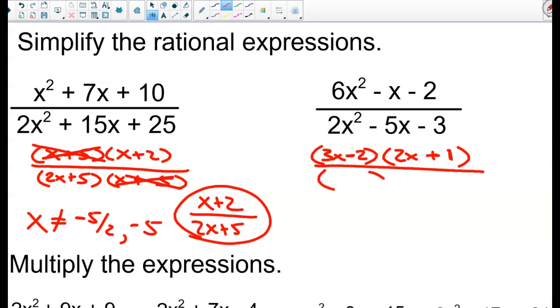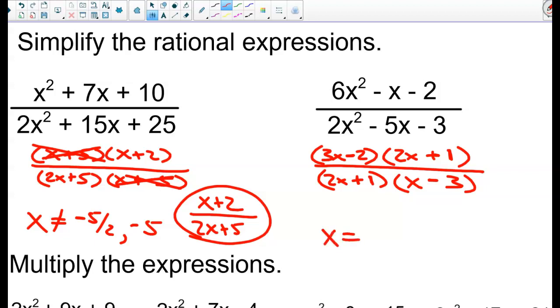When I factor this one, it's going to be 2x and x. There's a very good chance this is going to be plus 1, and that's what I would try first. Plus 1, minus 3. 1x and negative 6x gives me a negative 5x.